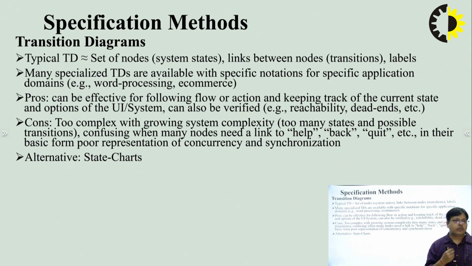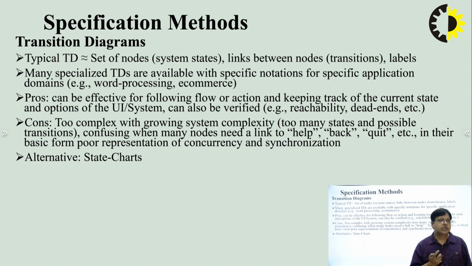Too complex with growing system complexity. There are too many steps that are unmanageable, right? There may be confusion, right? When many nodes need to link to help, back and quit states, right? So that creates poor representation, and there are concurrency and synchronization problems.